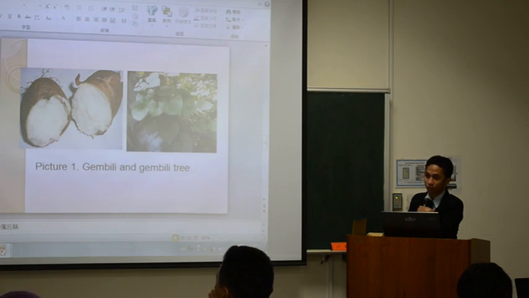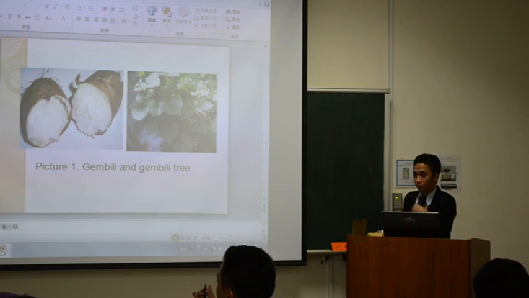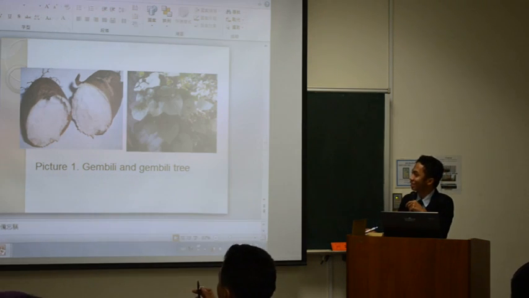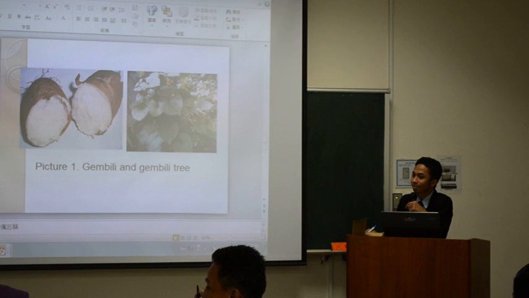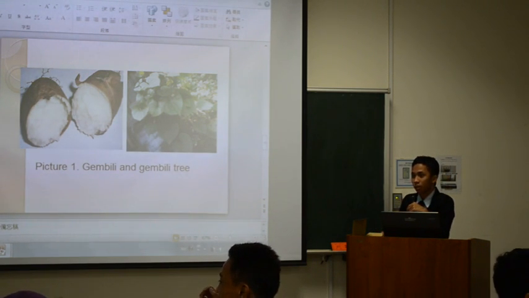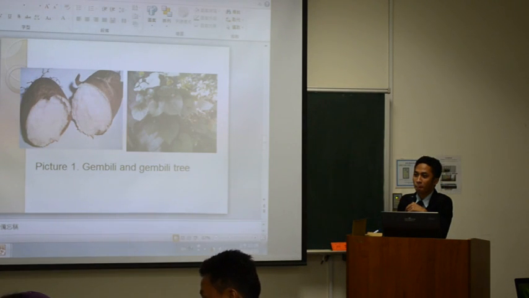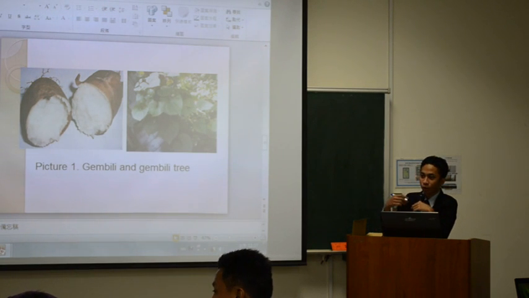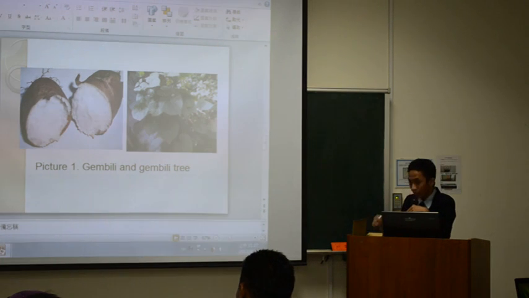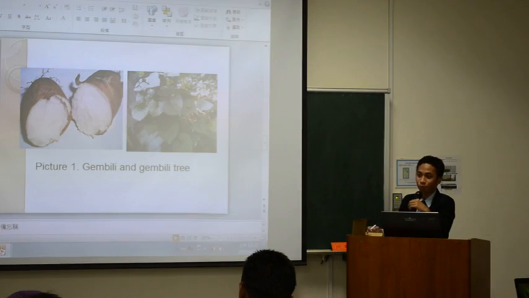The third, if it is commercialized, what about the price, meaning how much profit farmers can gain if they plant this. For this question, I will answer: for the economic analysis, I don't have it.